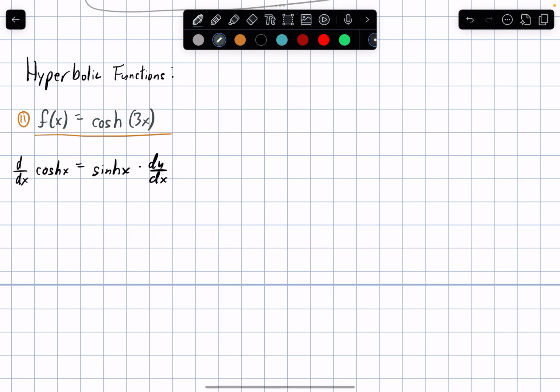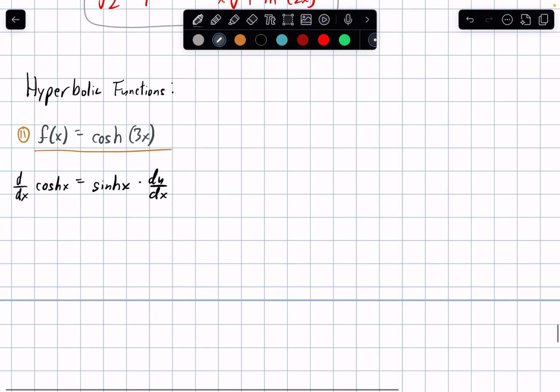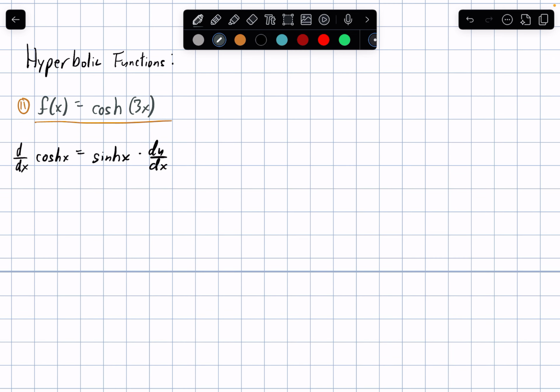So for number 11, it's already been given. The derivative of cosine hx is equal to sine hx times du over dx. Let's use u. So u is identified to be 3x. The derivative of u is going to be 3.